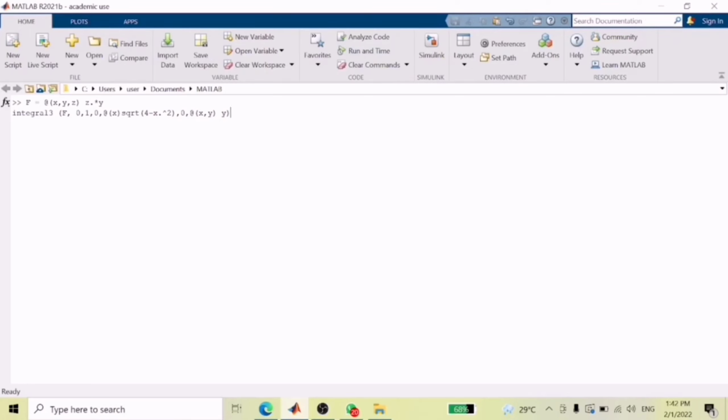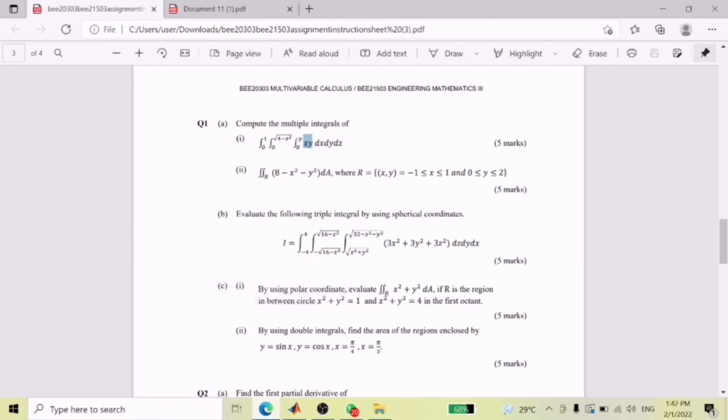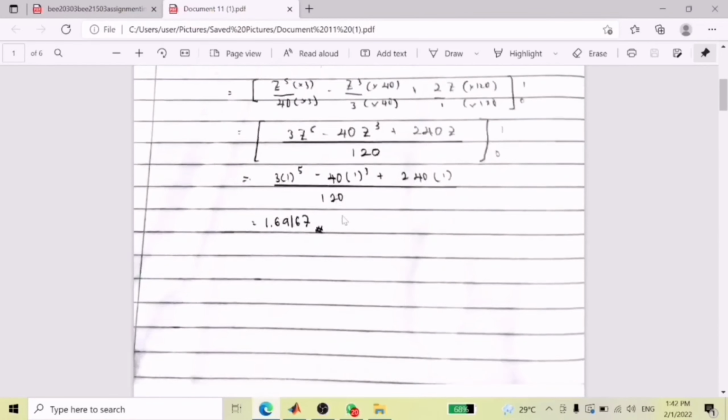After that, we don't forget to put the integral 3. We put 3 because we want to integrate 3 times. After that we just enter and we get the answer. This is the answer, and we check in our manual calculation, we get the same answer.